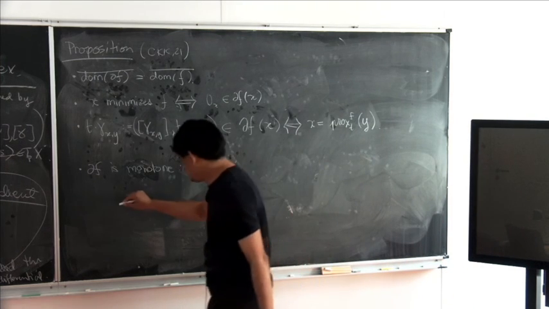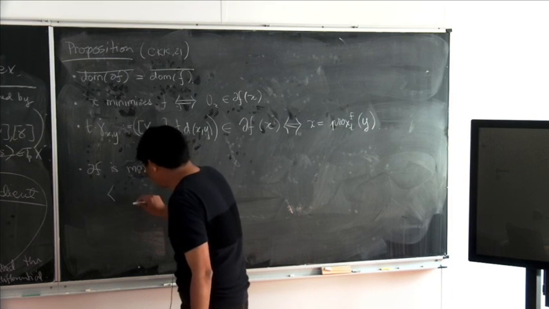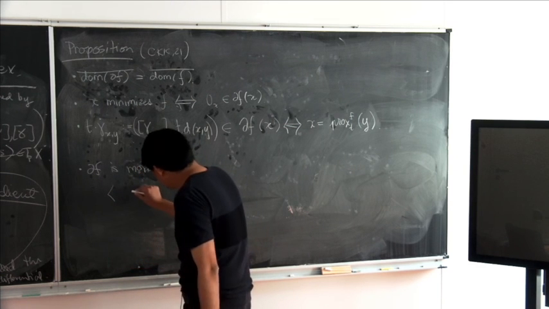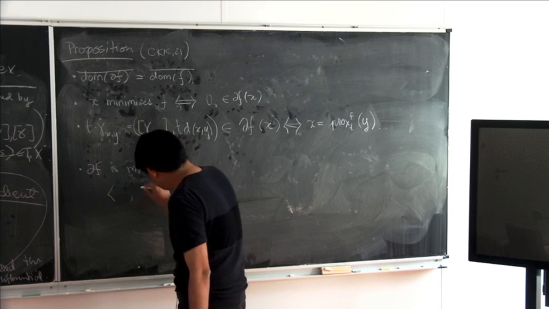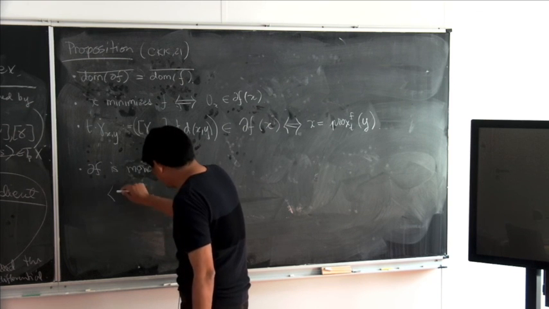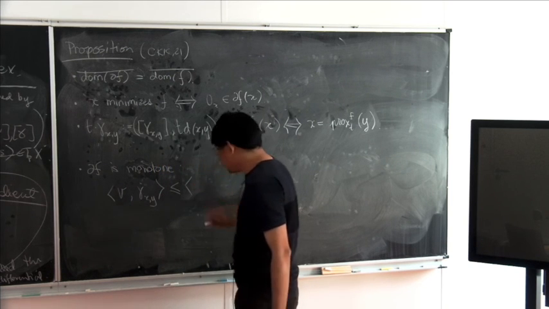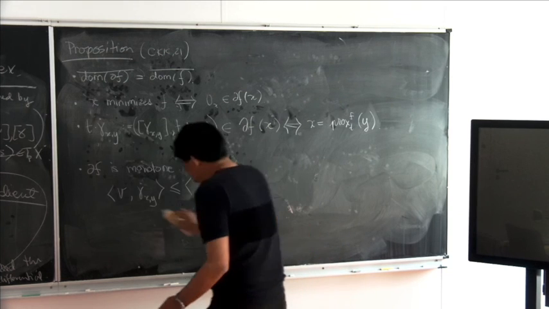Monotone here means if you take two points x and y, you have gamma dot x y here, and here you have that v is less than or equal to u.